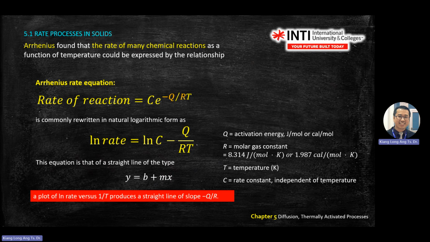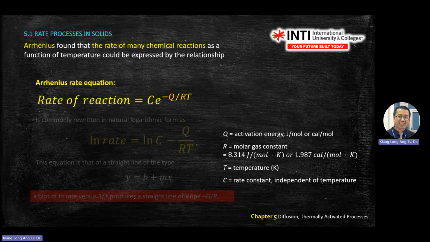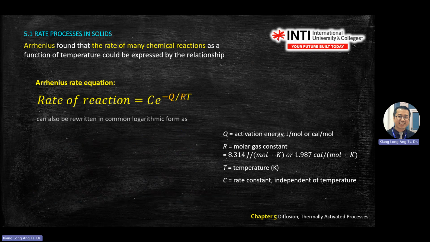So if you plot the graph with 1 over T on your x-axis, your slope or gradient on the graph will be Q divided by R in negative form. So in negative form, your graph will be slanted to the right-hand side. Sometimes you can also use log 10.